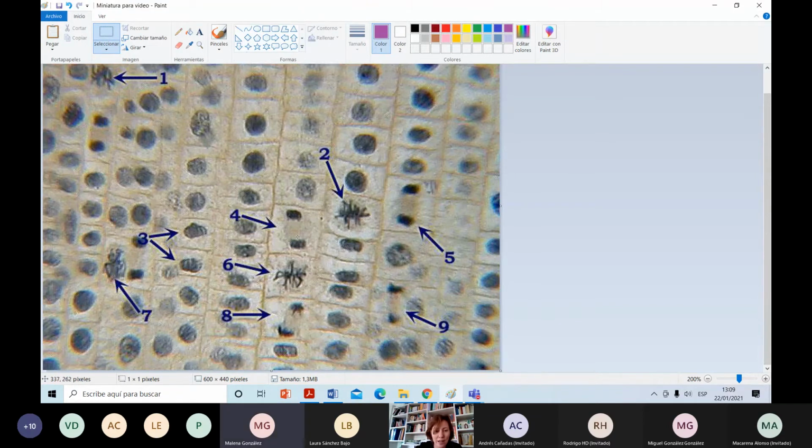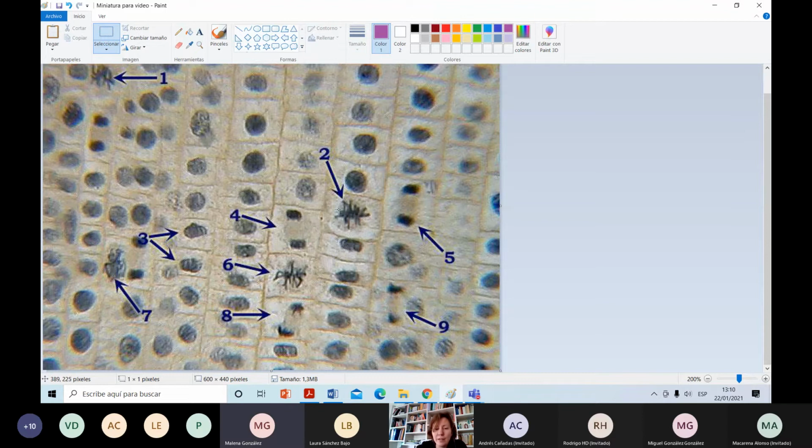Bueno, while you don't have it here because it's already formed, I would say that this is telophase, number 4, while number 8 is anaphase. If you ask me about number 9, I would say that number 9 is also at the end of anaphase.